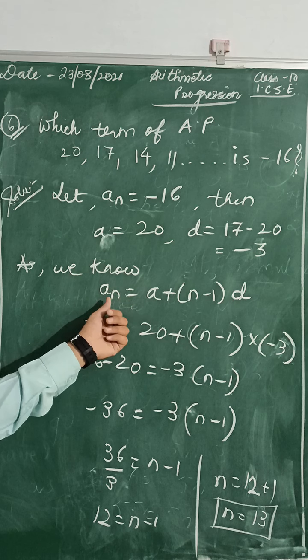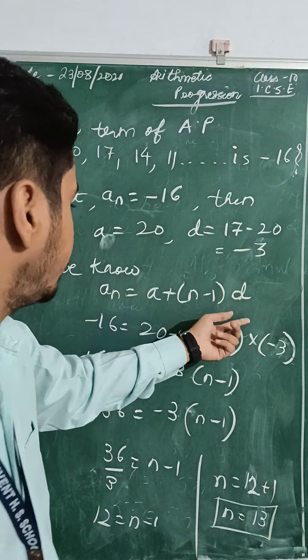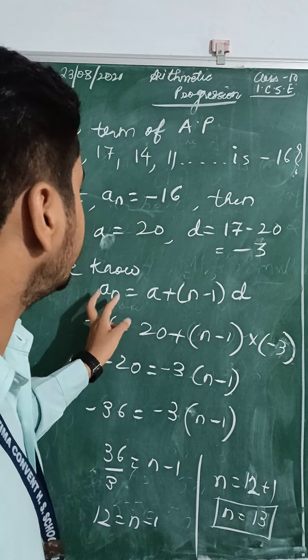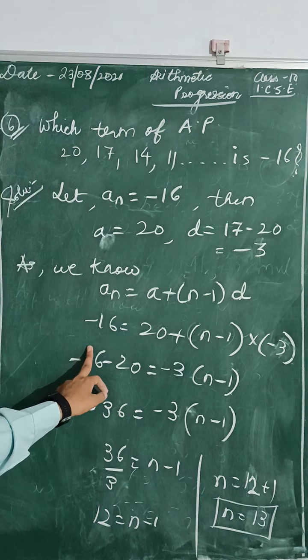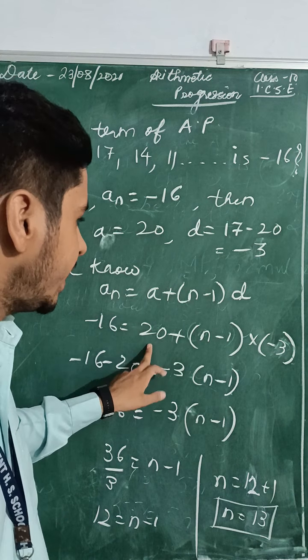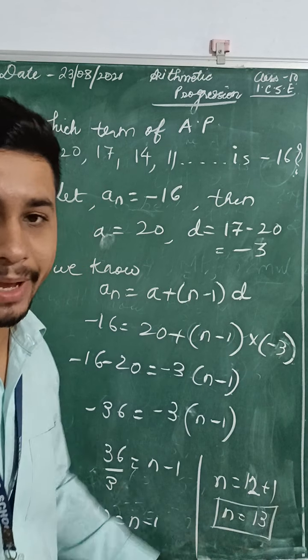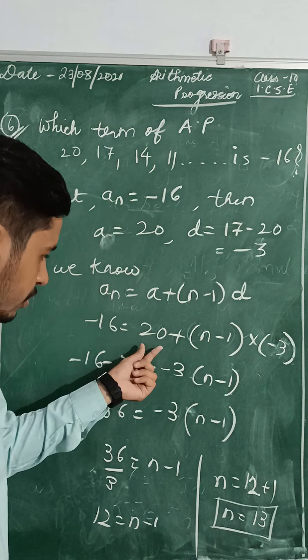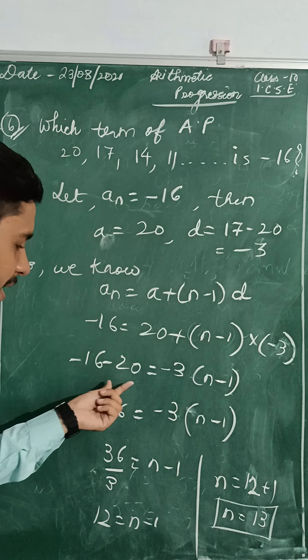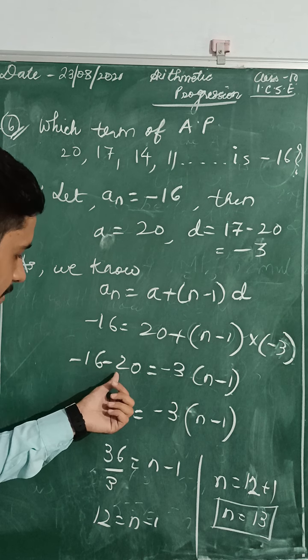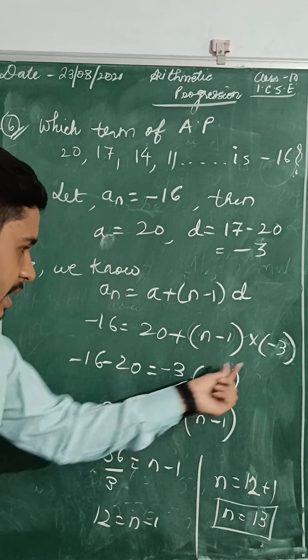As we know, an is equal to a plus n minus 1 into d. So in place of an we put minus 16, in place of a, 20, n minus 1, and d minus 3. Now transpose this 20 here, so it will be minus 20. So minus 16 minus 20 is minus 36, equal to n minus 1 into minus 3.